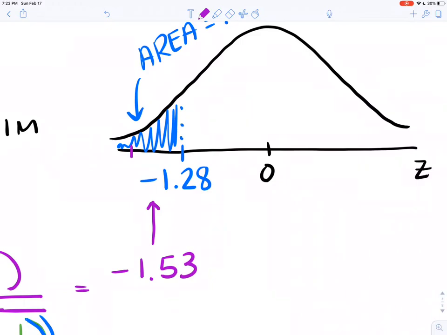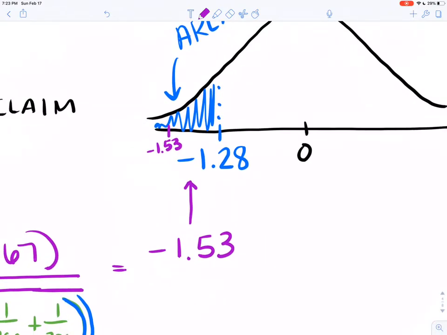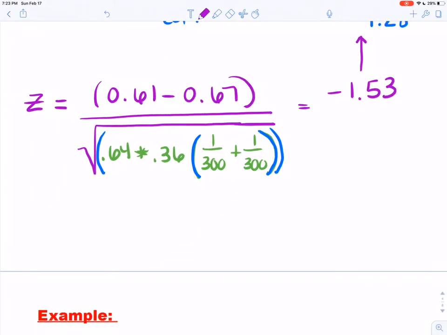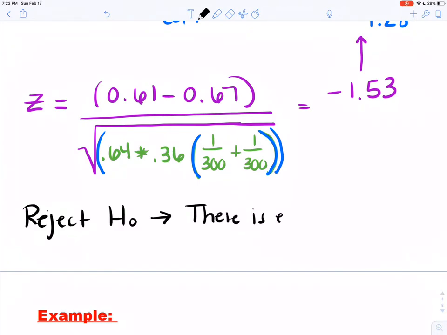Negative 1.53 is less than negative 1.28. What's important to us, it's inside the shaded rejection region. And that will tell us that we should reject the null hypothesis. Rejecting the null hypothesis means there is enough evidence.